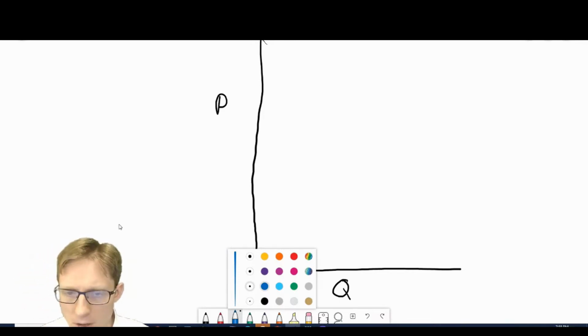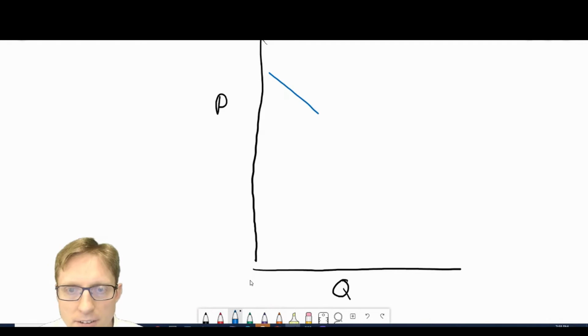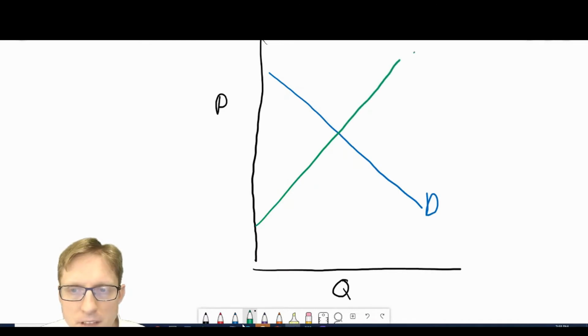So first, let's start with a market that does not have any sort of interventions. So I'm just going to draw our standard partial equilibrium graph, where we have downward sloping inverse demand and upward sloping inverse supply.